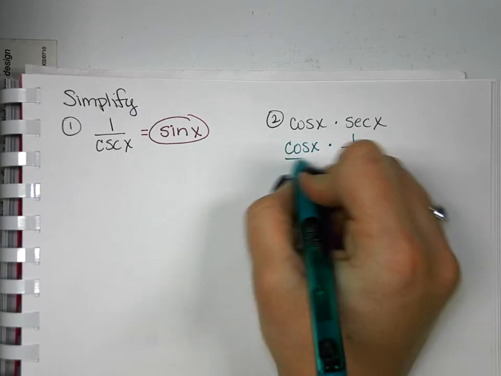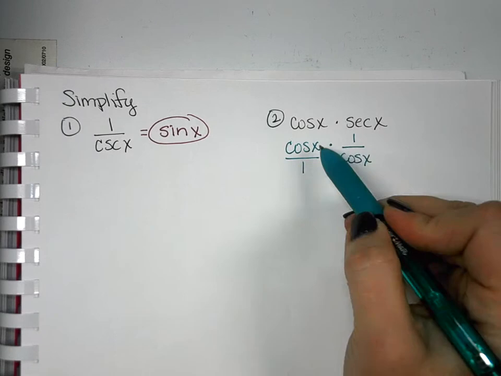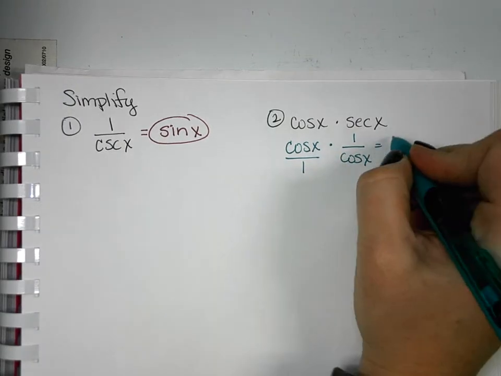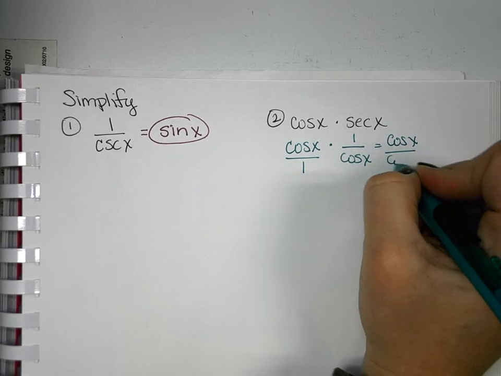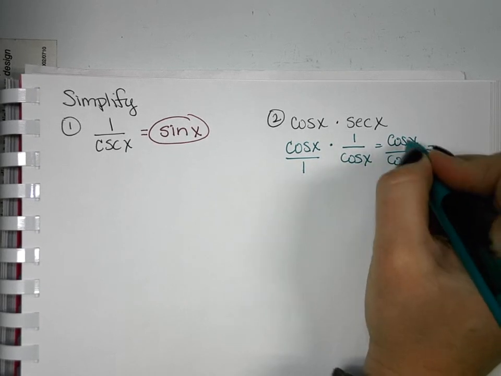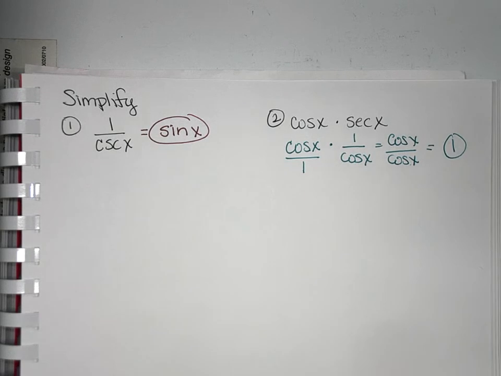So if I think of this as two fractions being multiplied, cosine x times 1 is cosine x, 1 times cosine x is cosine x. When you have the same thing on top and bottom, it simplifies to 1. If you wanted, you could cross cancel as well, depending on your comfort level with cross canceling.